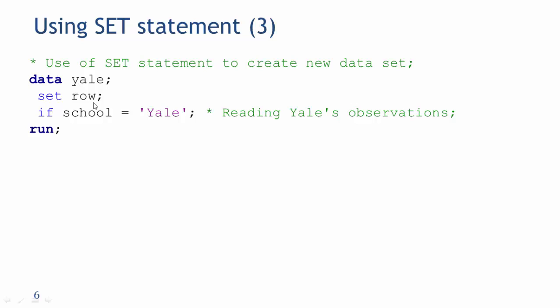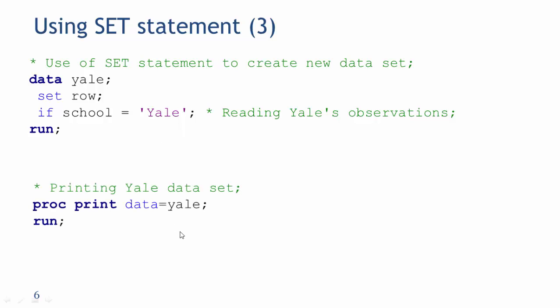So we are telling SAS to create the Yale dataset, taking observations from the row dataset, matching this condition that school is equal to Yale. So that's how we use the set statement. The set statement can be used to create a new dataset, a sub dataset, or a smaller dataset from another dataset.